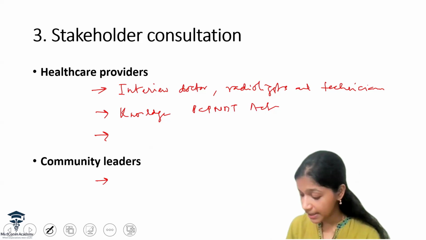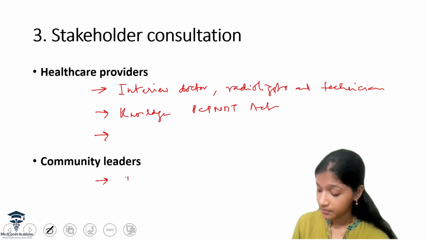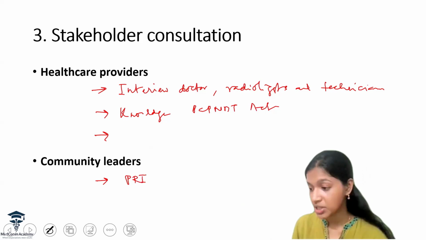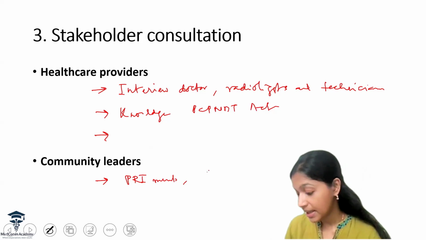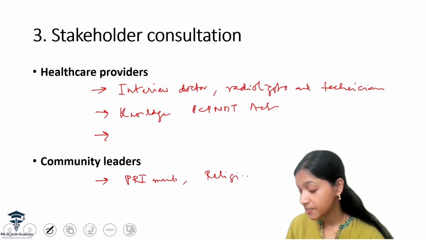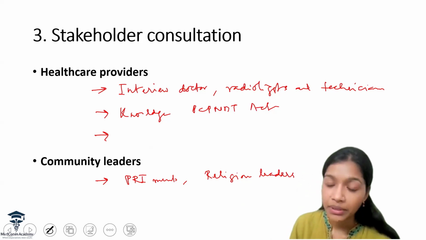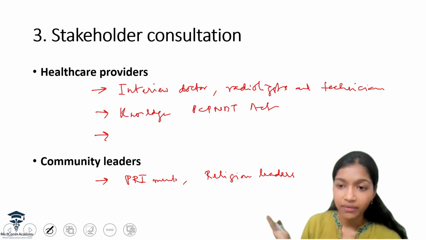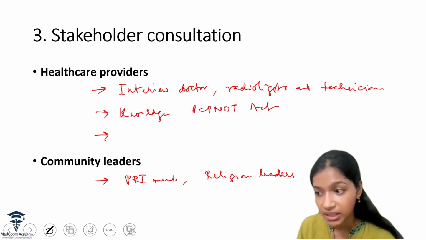The second part of the third heading is community leaders. Now, who can be a community leader in a village or a block? Panchayati Raj institution members. There can be religious leaders, maybe for an Islamic population, whoever their religious leaders are. For the Hindu population, they can be influencers in the community.